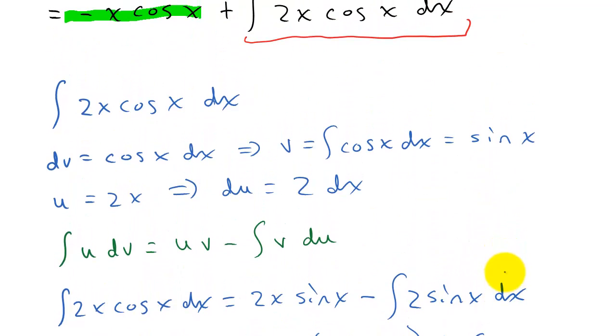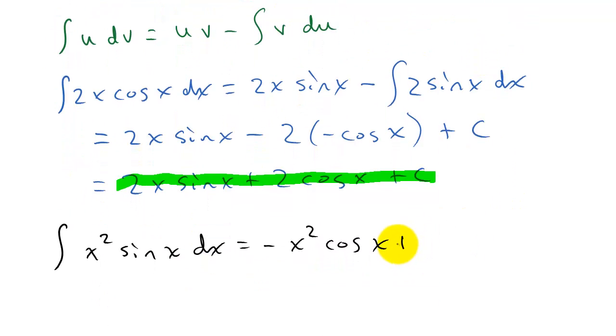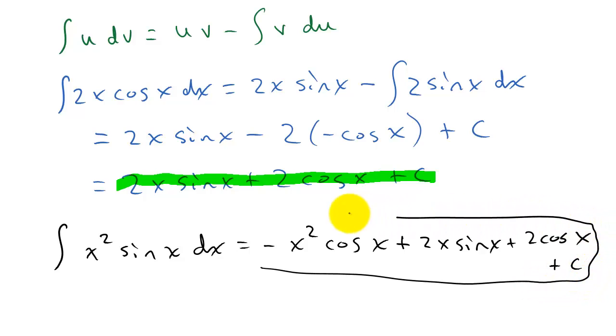And then notice it's plus whatever I got here, plus this, because that's what this equals. That's 2x sine x plus 2 cosine x, and then I'm running out of room here, plus c. And this would be my final answer.